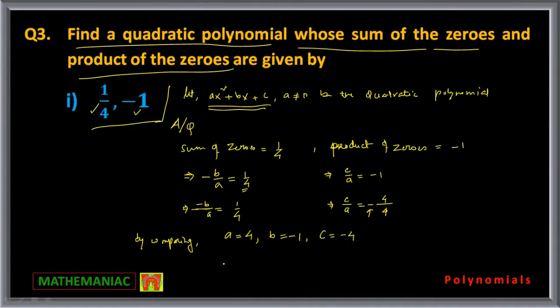It's minus 4. So what will be your required polynomial? One of the required polynomials will be 4x square minus x minus 4. That's it. Right? So these are the steps you have to write to complete the problem. Okay. Move on to the next.